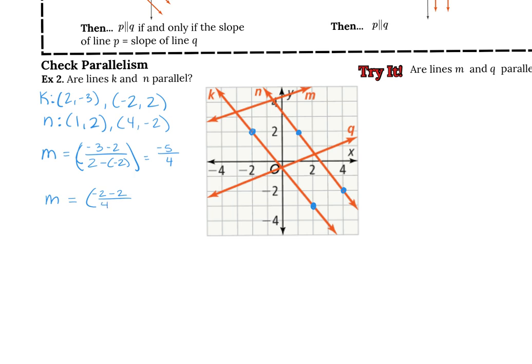I can see that my two slopes are not the same. They're not equal, so these two lines are not parallel.